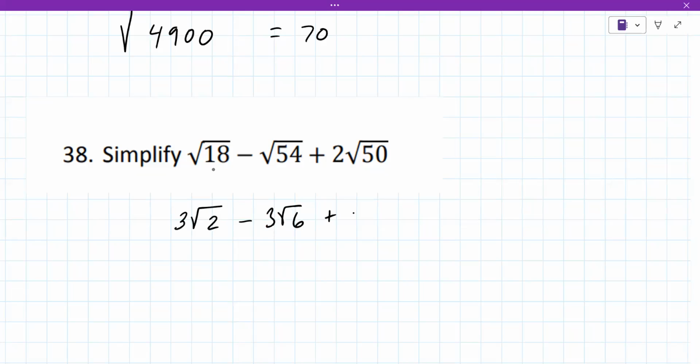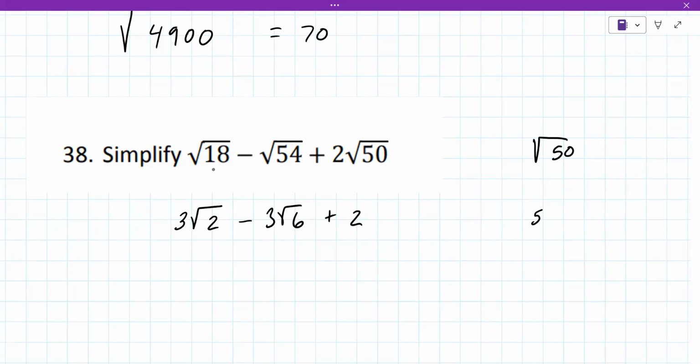Plus, now just leave that alone and work on the square root of 50. That'd be 5 times, or it'd be 10. That's 2 times 5.